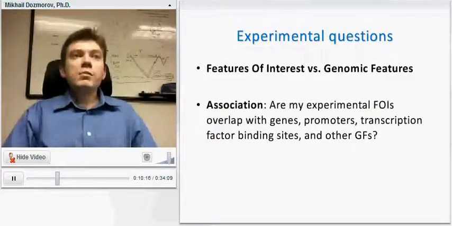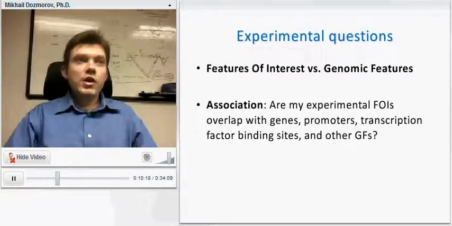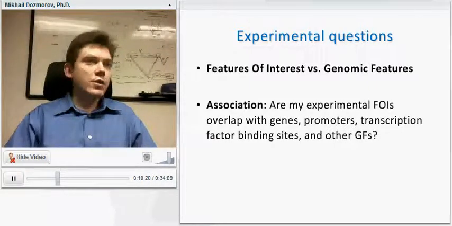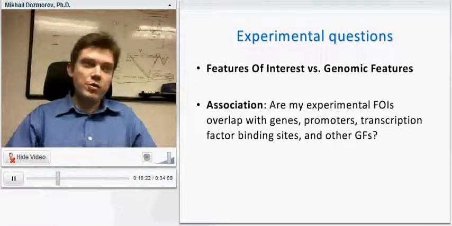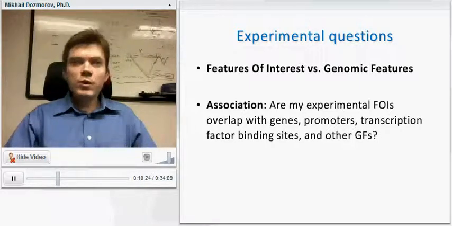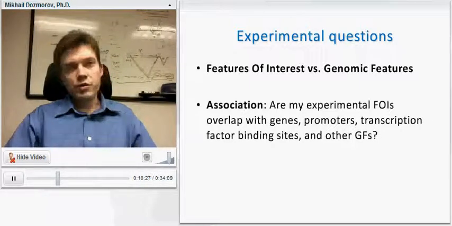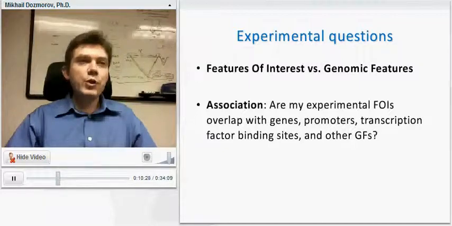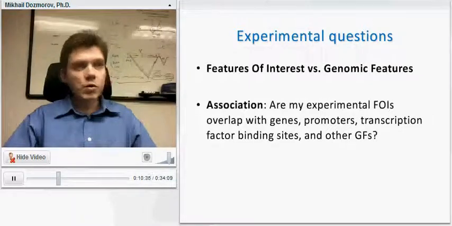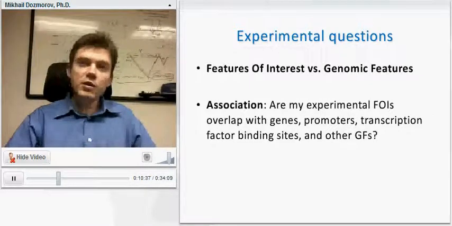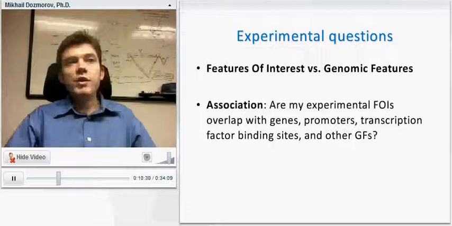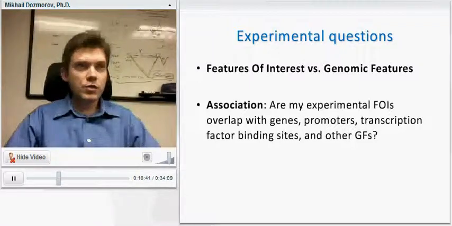And here come experimental questions. How do our features of interest correspond to genomic features? First of all, we can perform a simple association analysis to answer the question: do my experimental features of interest overlap with genes, with promoters, with transcription factor binding sites, or maybe with other genomic features?